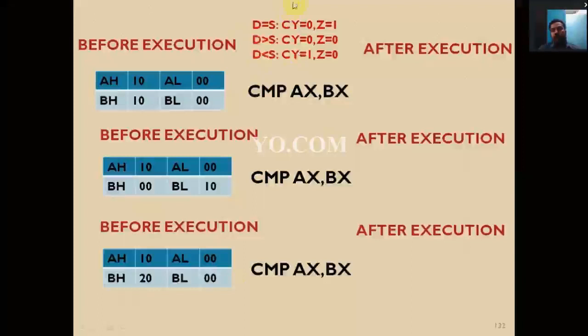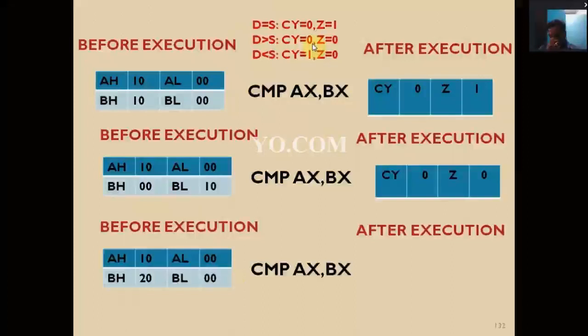If source and destination are equal, then carry flag equals 0 and zero flag equals 1. When destination is greater than source, carry flag equals 0 and zero flag is also 0. When destination is less than source, carry flag equals 1 and zero flag equals 0. Based on this formula, the comparison instruction is executed.